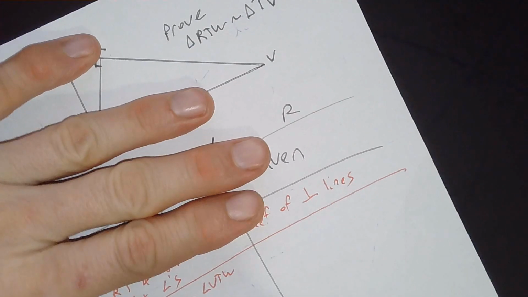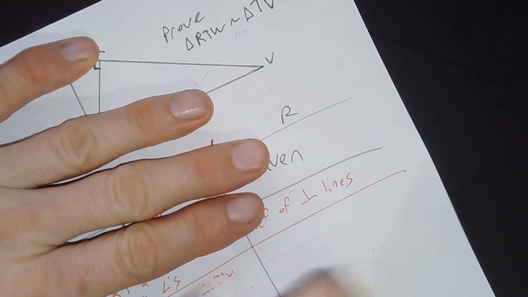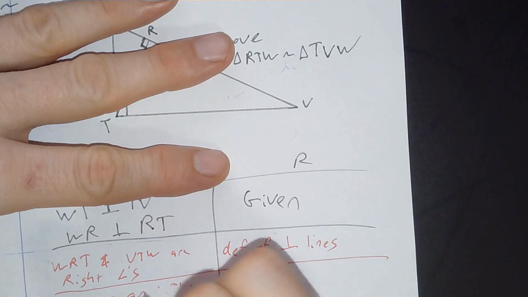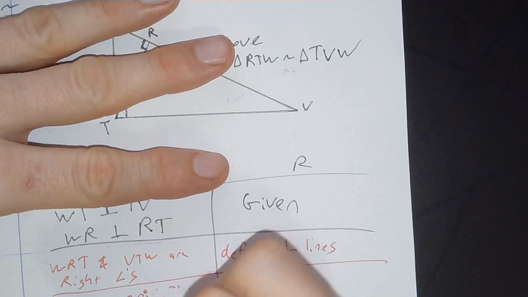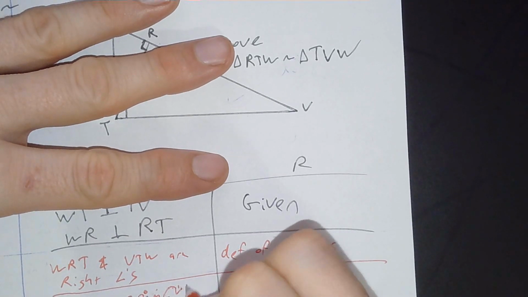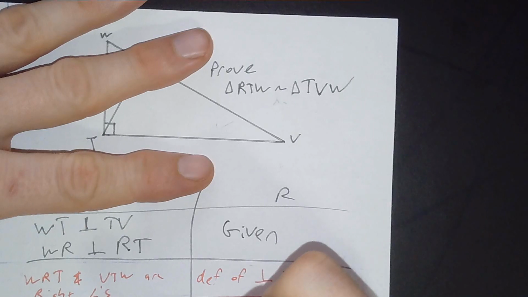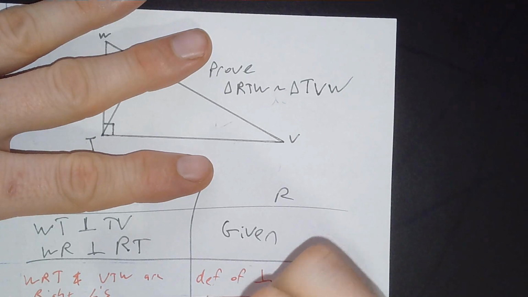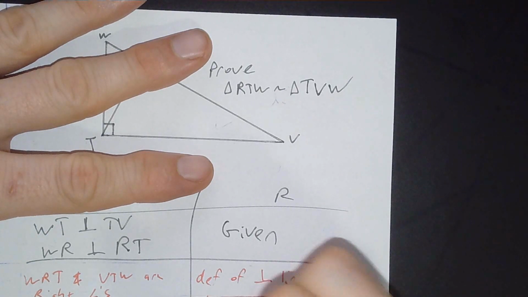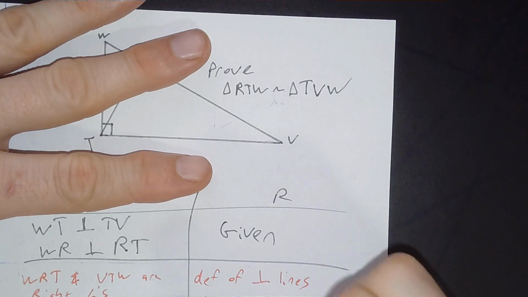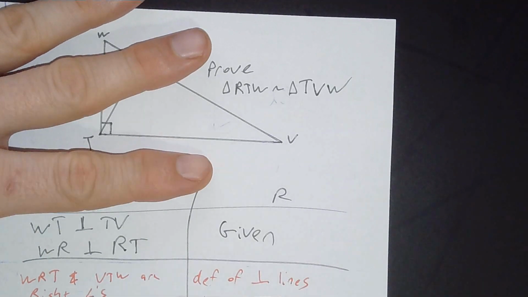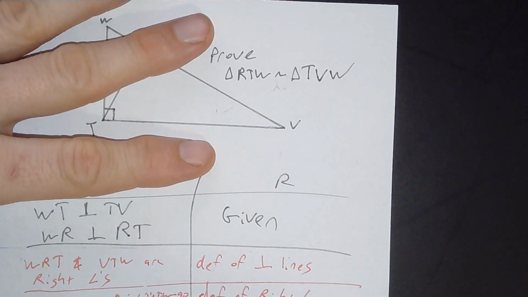Or we can just say like this: measure WRT equals 90 degrees. Measure of angle VTW equals 90 degrees. This is the definition of right angle. Okay.